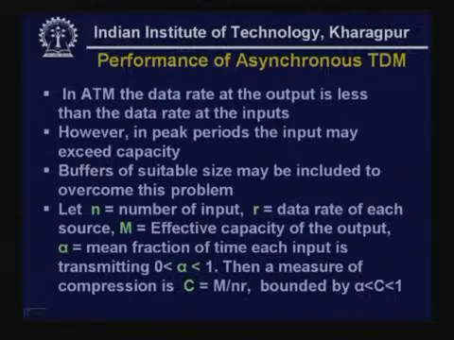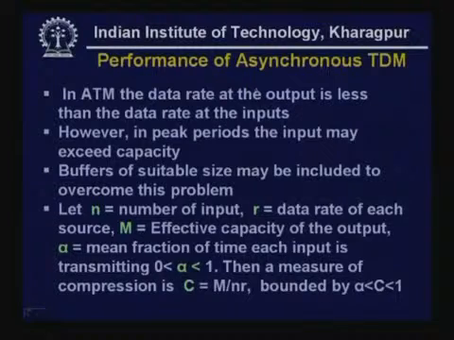That is the primary condition. However, there are peak periods where usually more data is generated than at other times. In the peak period, that condition may be violated. That means the incoming data rate may be more than the outgoing data rate possible.